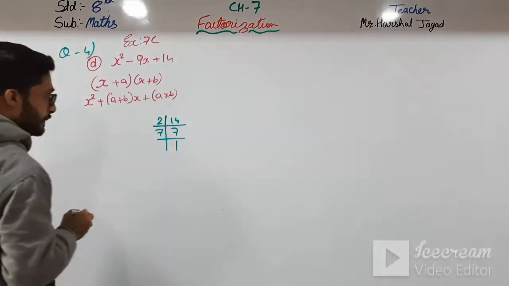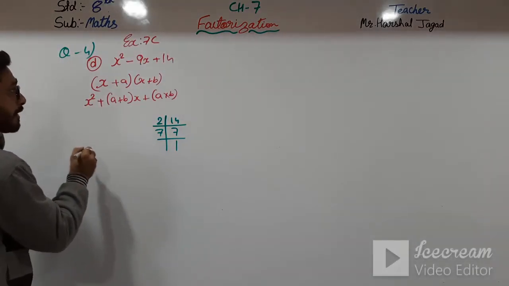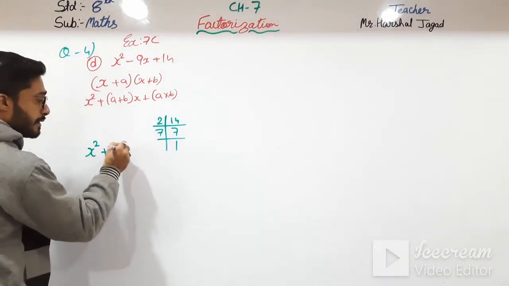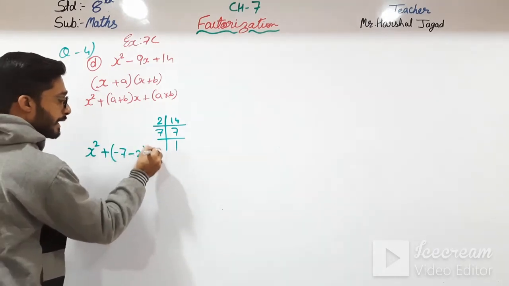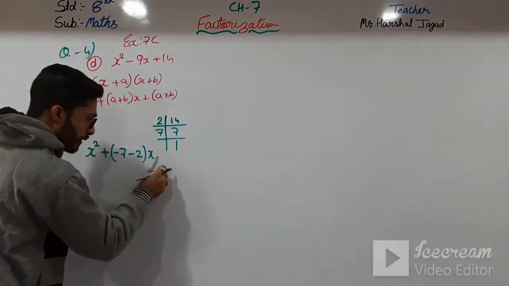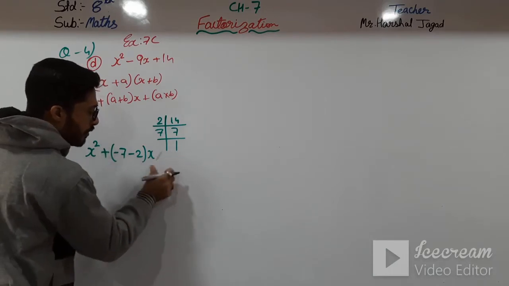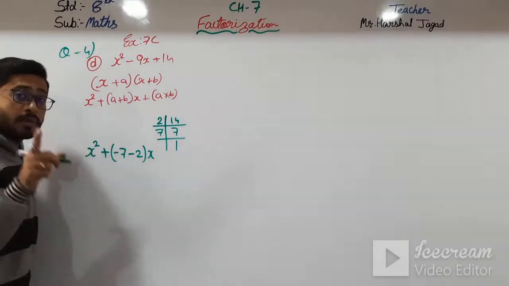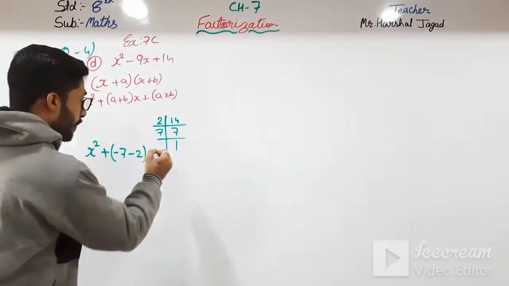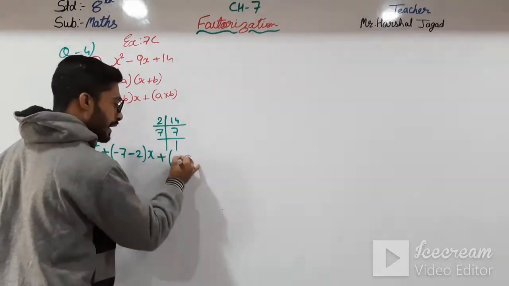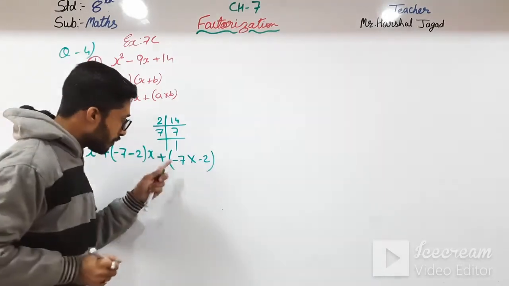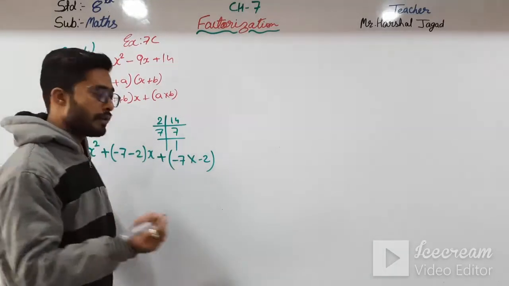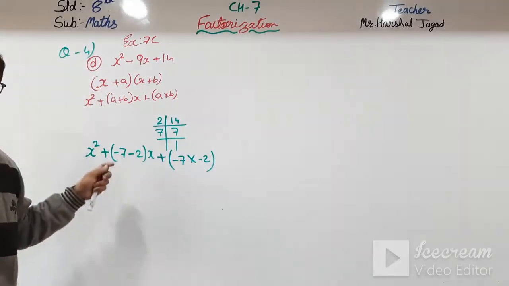So I can write x square plus (minus 7 minus 2)x, the sign will remain minus, plus minus 7 into minus 2. Here also minus minus it will be plus, and 7 twos are 14, so it will be plus 14. Why? Because here it is product and here it is addition or subtraction.